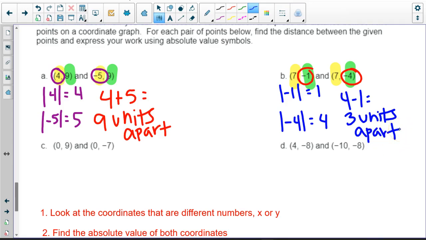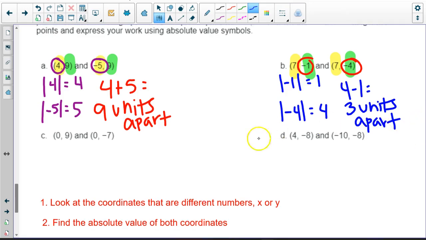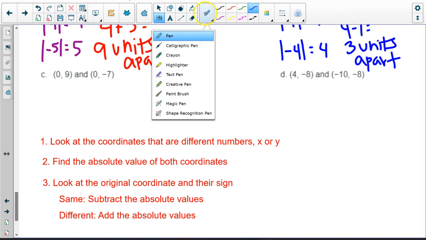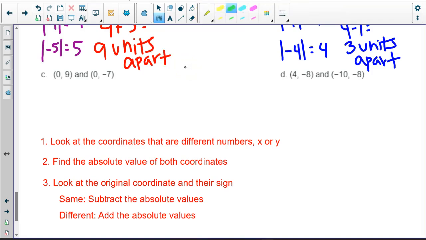Go ahead, pause the video, and try C and D on your own. All right, let's try these. Step 1, I'm going to look at which coordinates are different. My Y coordinates are different; my X coordinates are the same. Second step says find the absolute value.